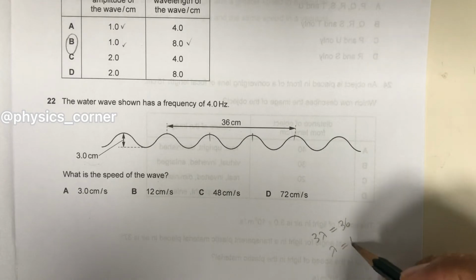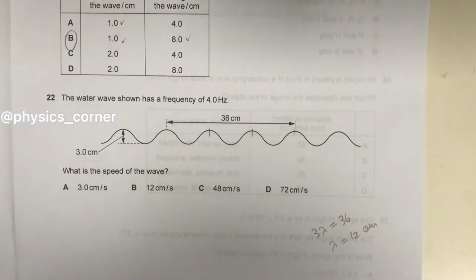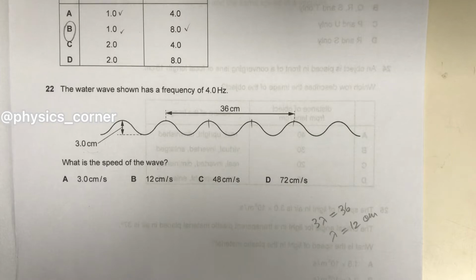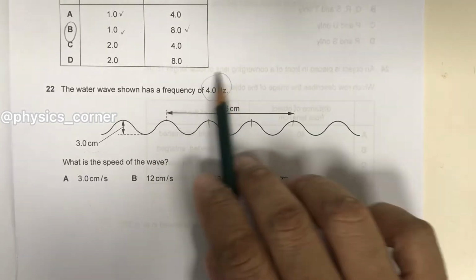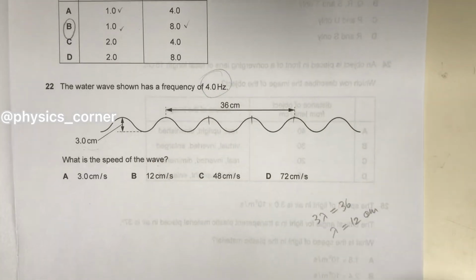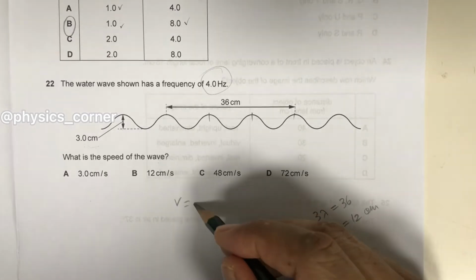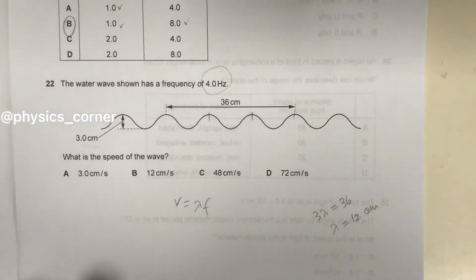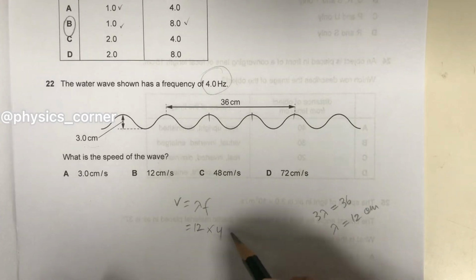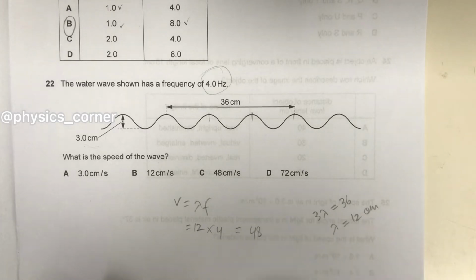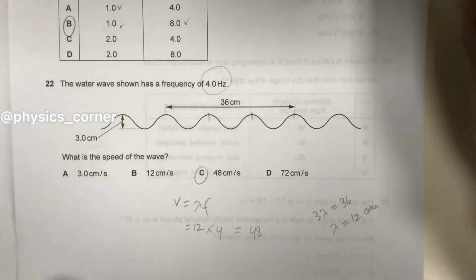So 1 wavelength equals to 12 centimeter. So when they have frequency 4 Hertz, velocity is lambda times frequency. 12 times 4 equals to 48 centimeter per second. That's it.